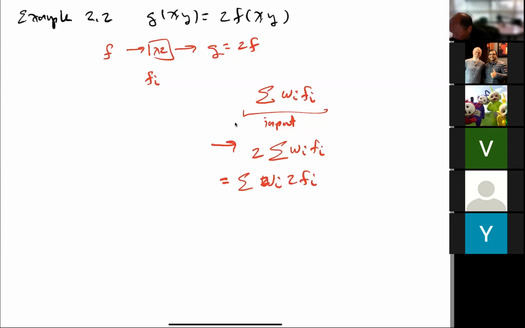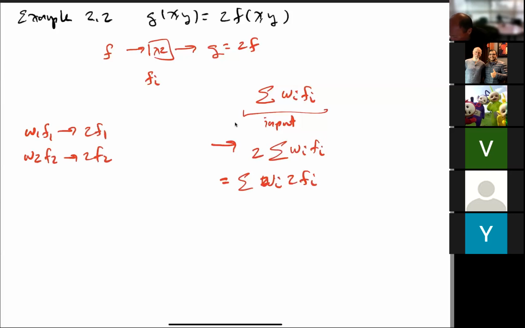For example, f1 goes to 2f1, f2 goes to 2f2, and so on and so forth.